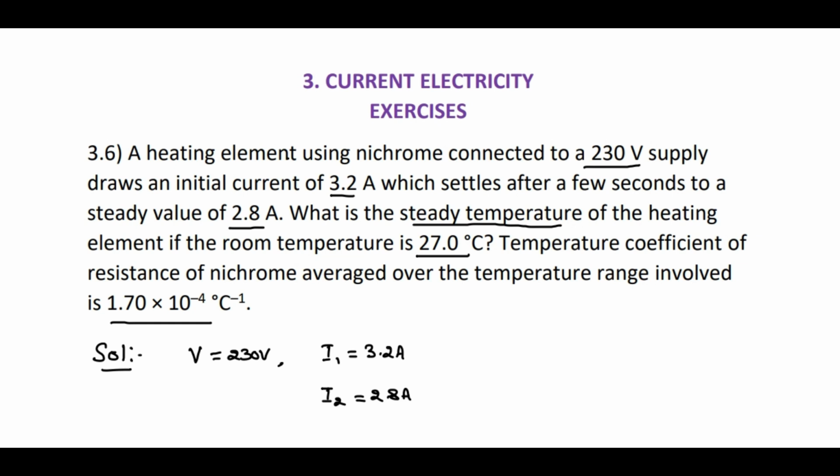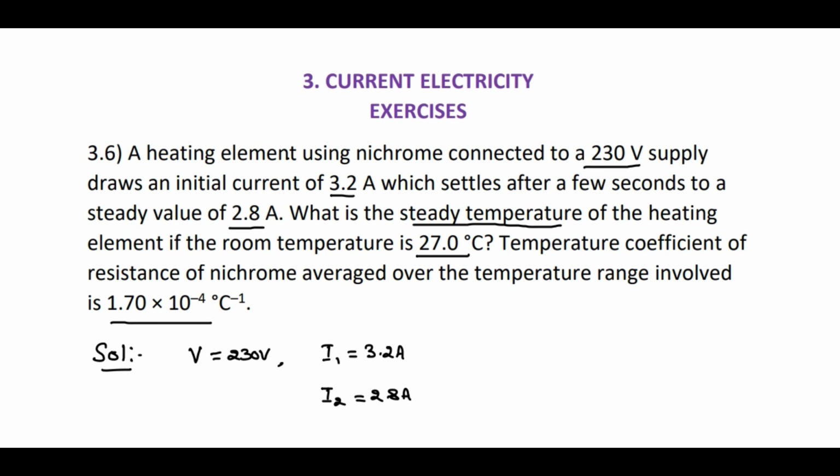As current is passing through the nichrome wire or any material, slowly the temperature increases. As temperature increases, the resistance increases. As the resistance increases, the value of current decreases. That's why the temperature increases and reaches the steady state.